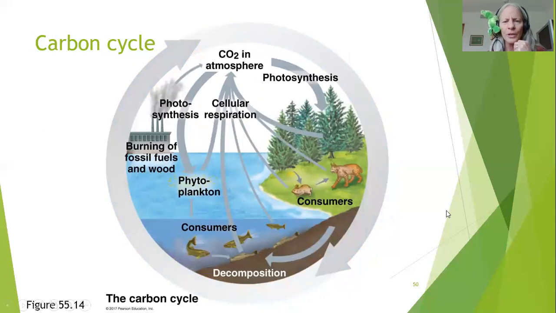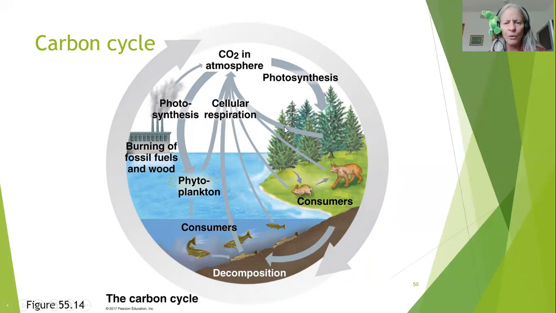Okay, let's look at the carbon cycle. We've already spent some time talking about the carbon cycle, and so we already understand a lot of the details about how carbon moves through ecosystems. So let's start with the reservoirs. The main reservoirs are, again, the atmosphere.